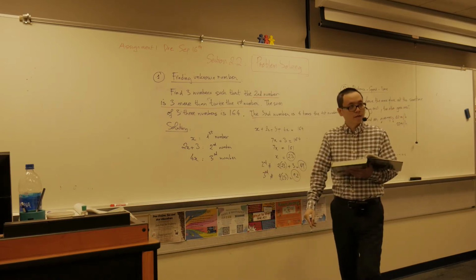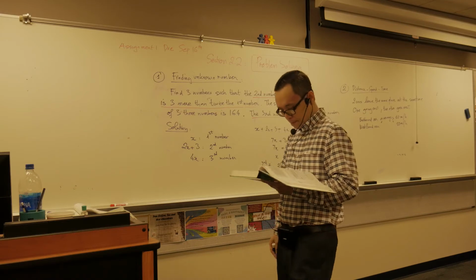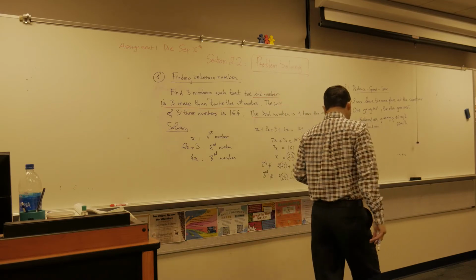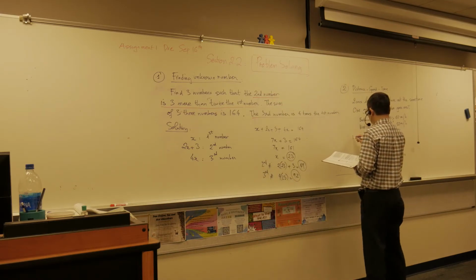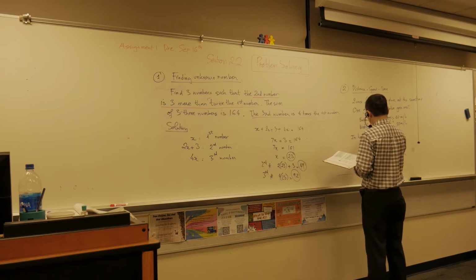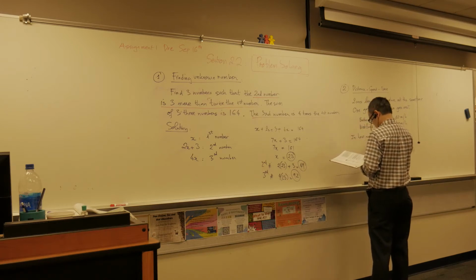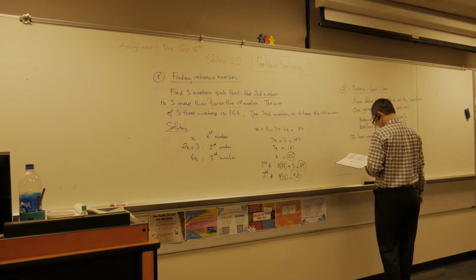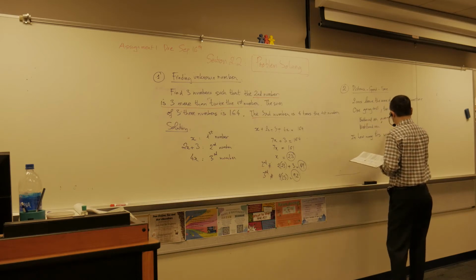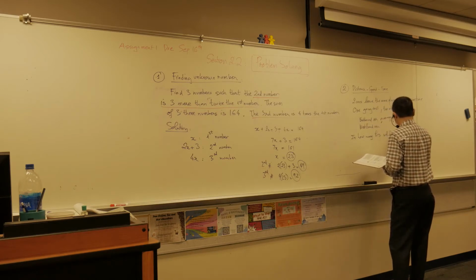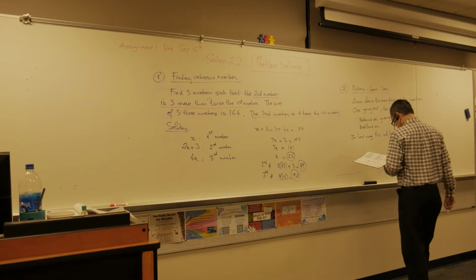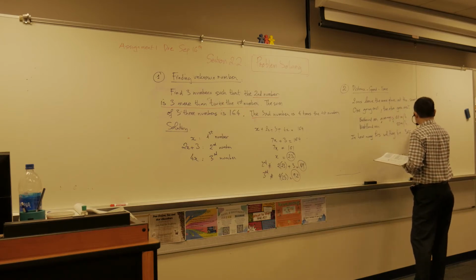So they give the speeds of two cars. The question is, in how many hours will they be 300 miles apart?